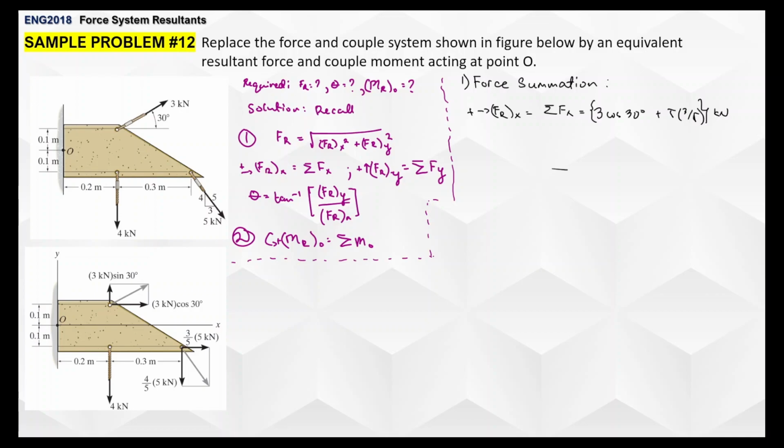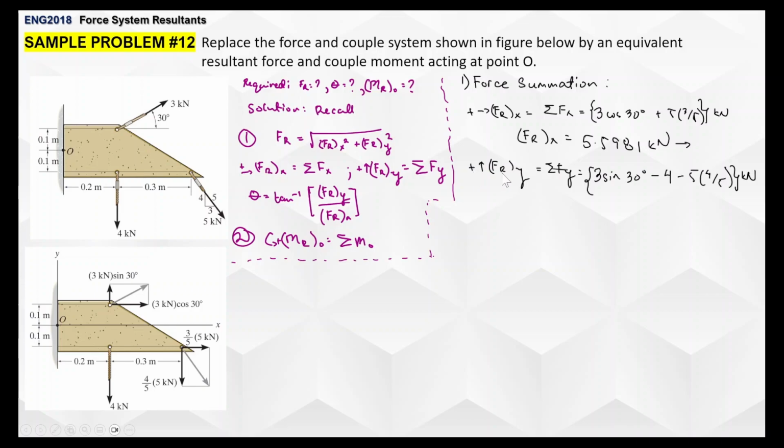And then we get also the y forces. So the force resultant for horizontal forces is 5.5981 kilonewtons positive. If you notice, we also indicate that positive means it's going to the right. It's just an indication of our reference point.